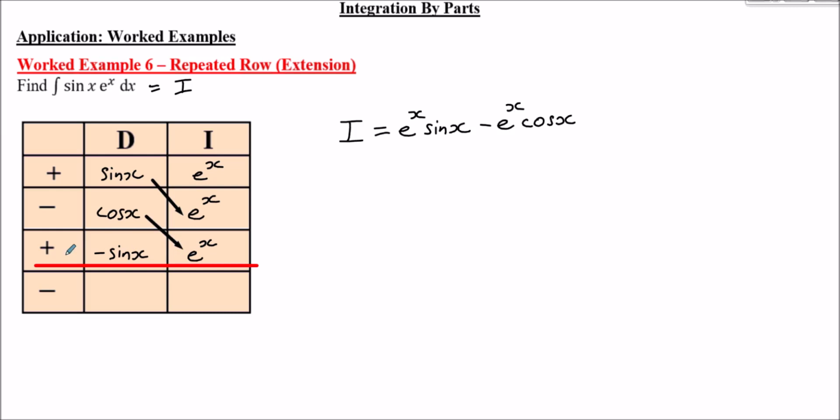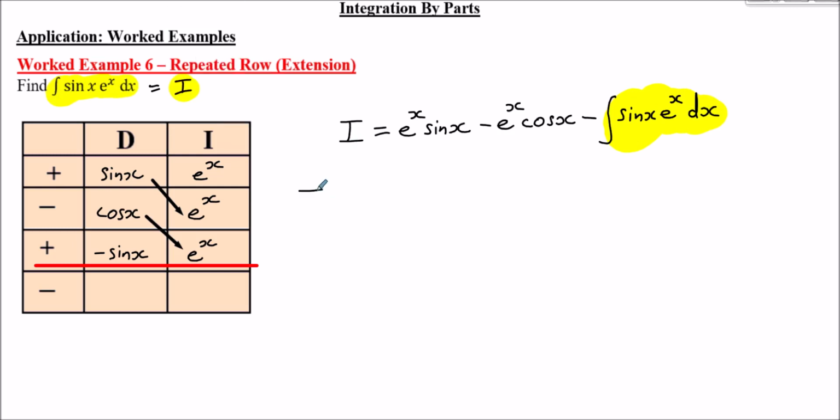So then it's going to be minus the integral of sine x e to the x dx. But if I think about what sine x e to the x dx actually is, then that's our original question, which is I.